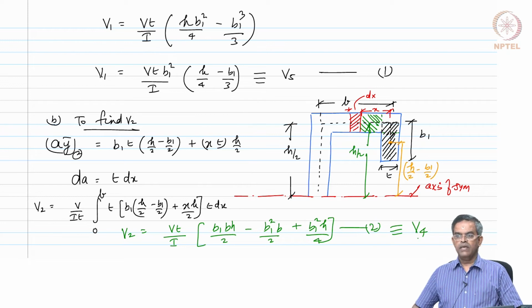So, V t by I, B1 B h by 2 minus B1 square B by 2 plus B square h by 4.